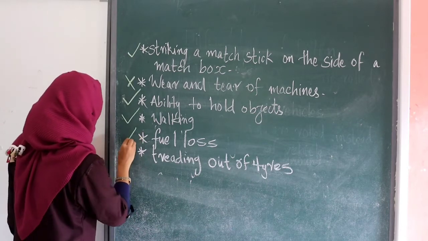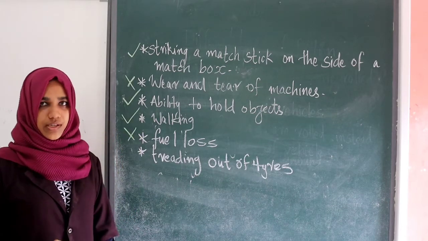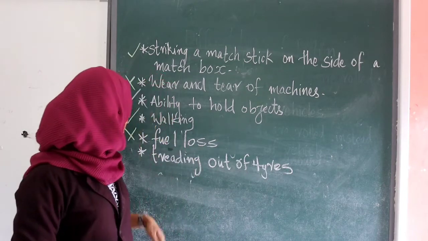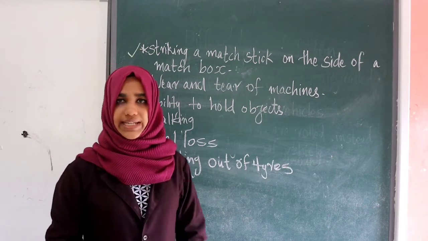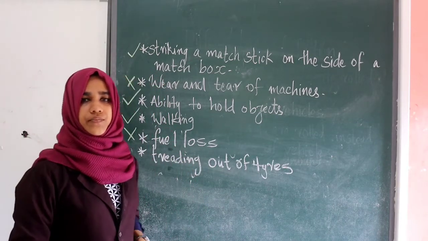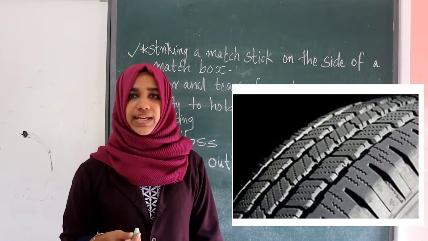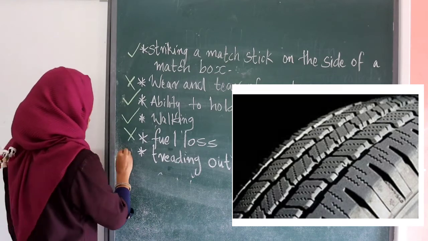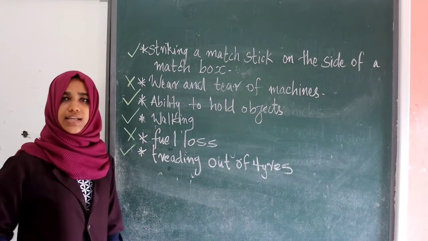So I am writing this as a cross mark. This is a disadvantage of friction. Next one, treading of tires. Is friction beneficial or not? What is the need of these shapes in tires? Yes, for getting grip. So in this case, friction is beneficial.